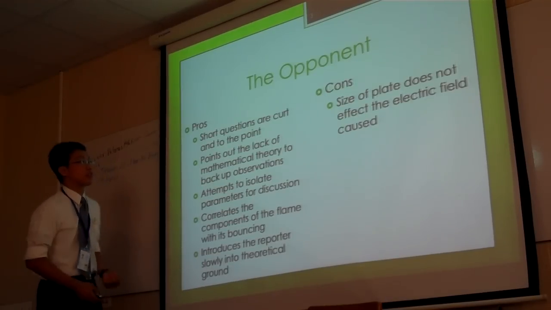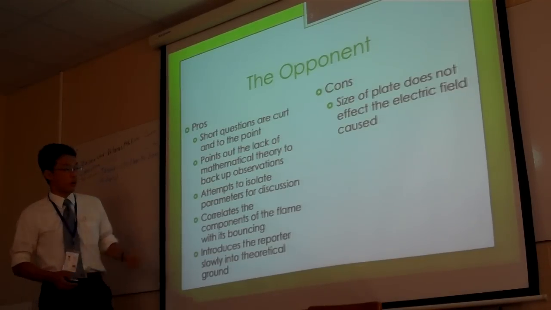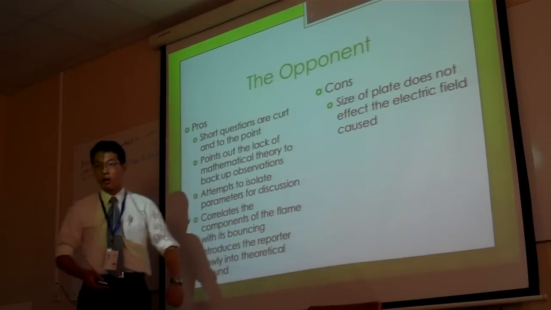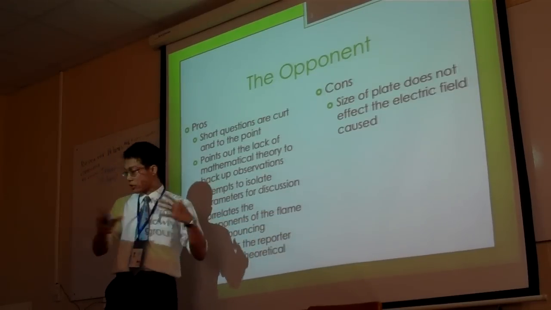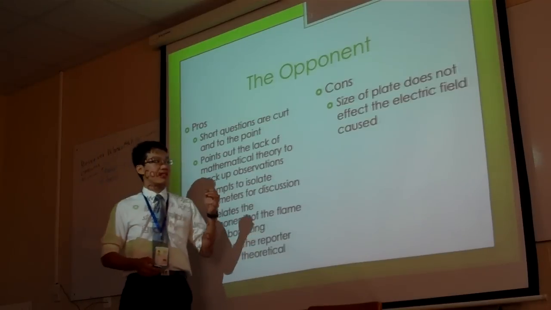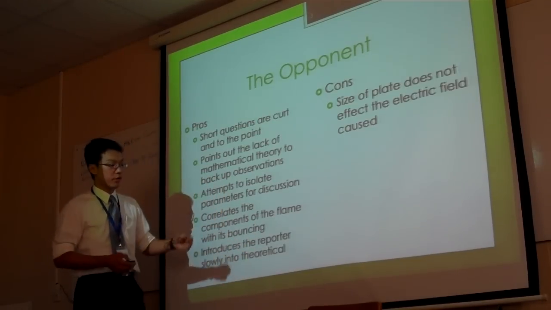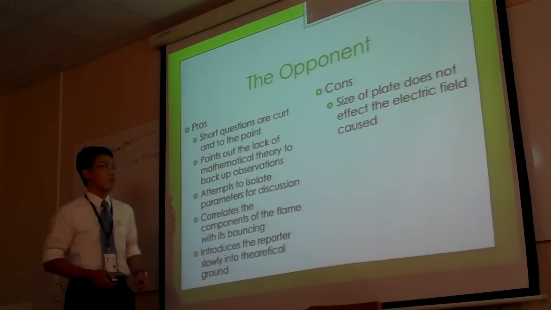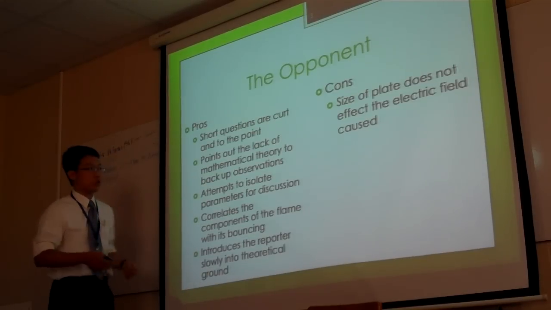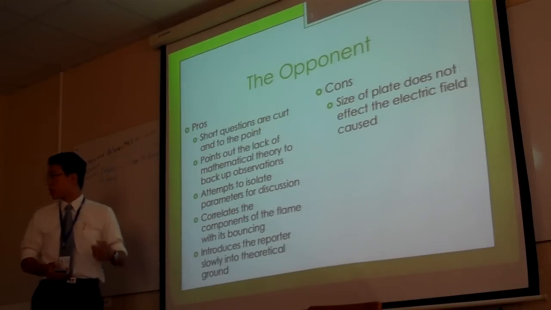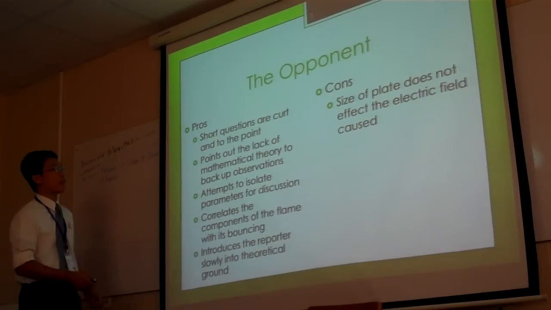That was very good discussion tactics. However, one thing we would like to point out was that under certain dimensions, the size of the plate actually does not affect the electric field if the voltage applied is the same, and if the plates are large enough. So one of your questions, we didn't really see the point of it.